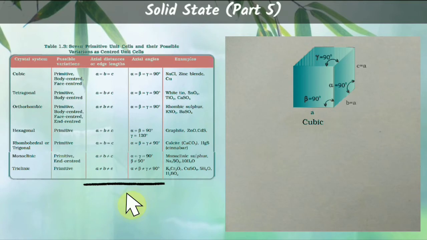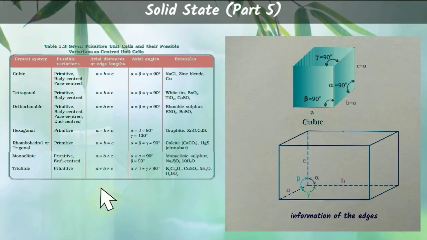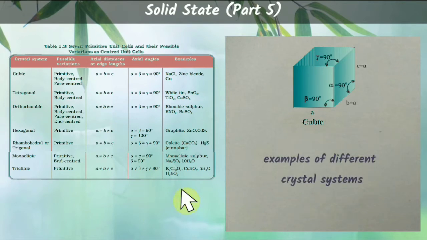The third column represents the edges, the fourth column represents the angles, and the last column represents some examples of those crystal systems.